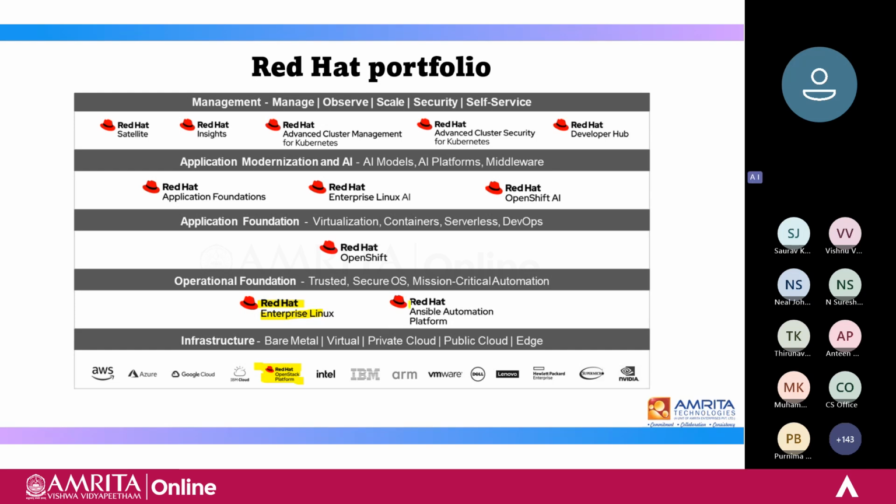Red Hat also has the Red Hat Ansible Automation Platform, which can help you automate not only your infrastructure, but you can also integrate Ansible to automate the DevOps lifecycle. It all depends upon how you want to integrate Ansible. With Ansible, you can automate infrastructure, which is your VMware environment, public cloud, private cloud.